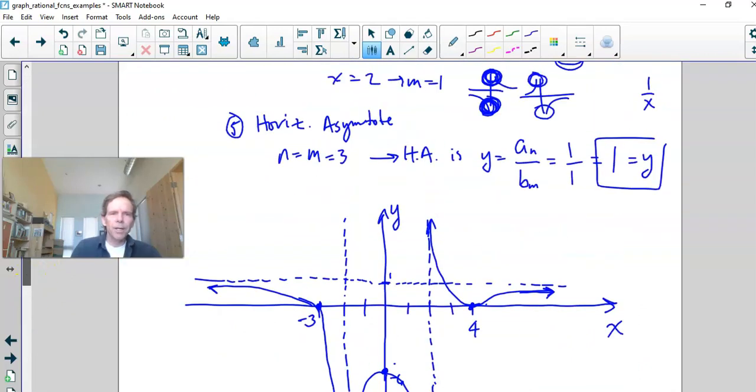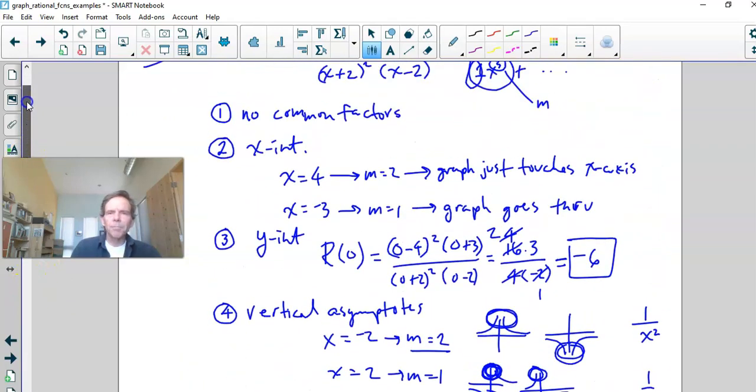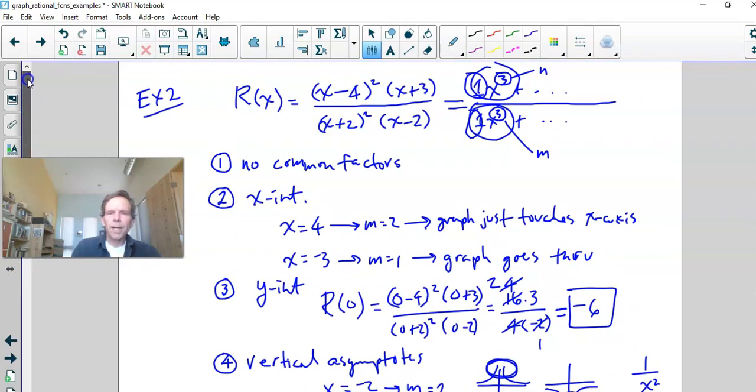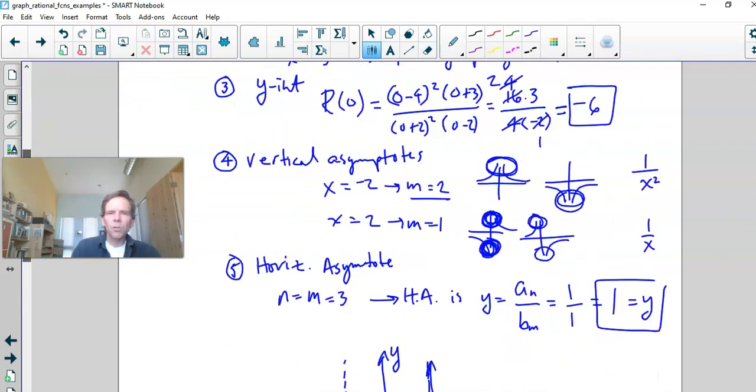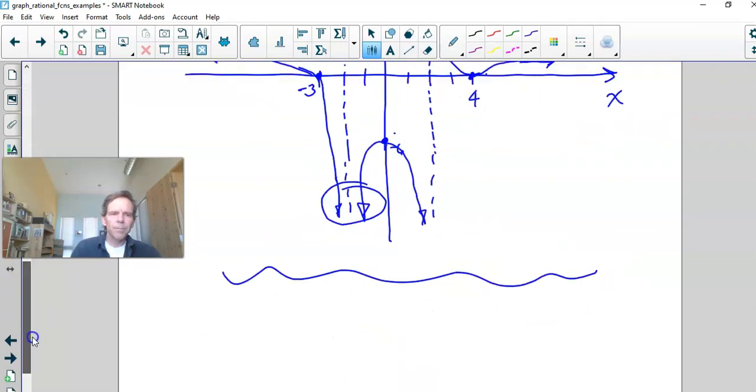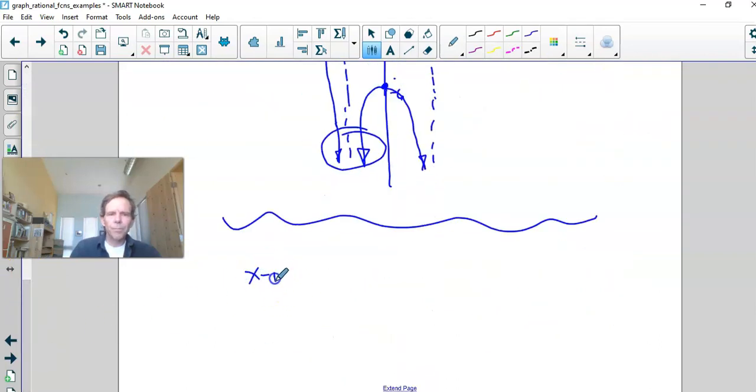I probably should have given us the standard form for the top and bottom. x minus 4 squared plus 3. Sorry, x plus 3. I'm just trying to reproduce what the r of x was.